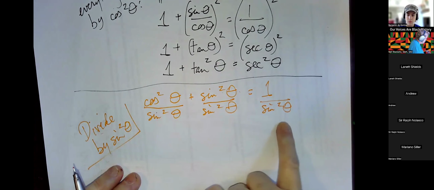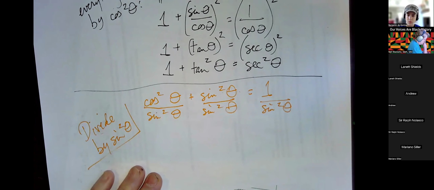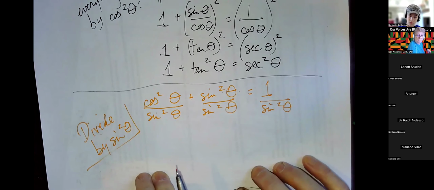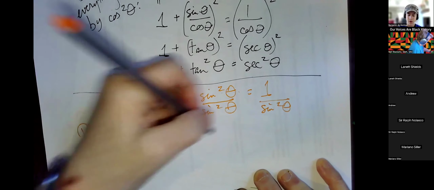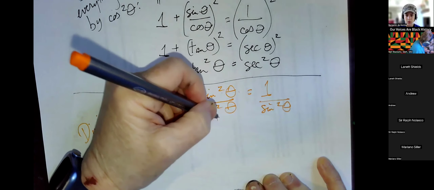And now, how can I rewrite these three fractions? Well, sine squared theta over sine squared theta would be 1. Good. And then 1 over sine squared theta is cosecant. Yes, you're absolutely right.